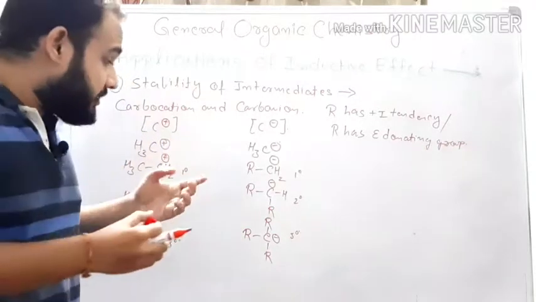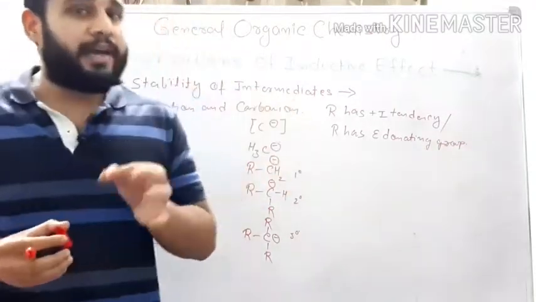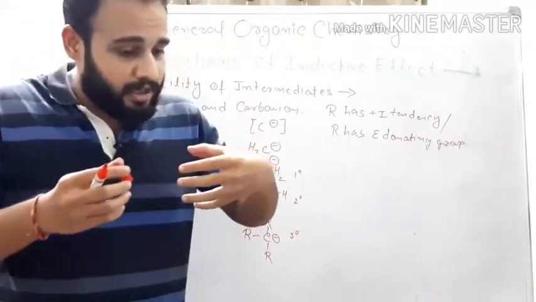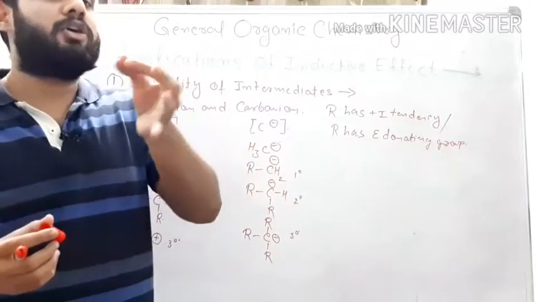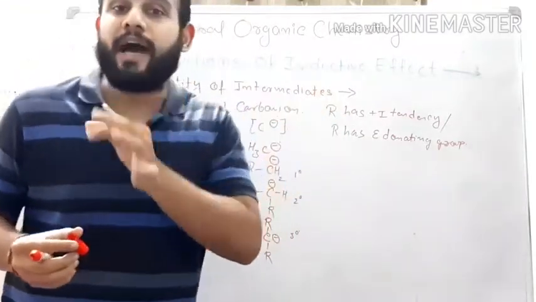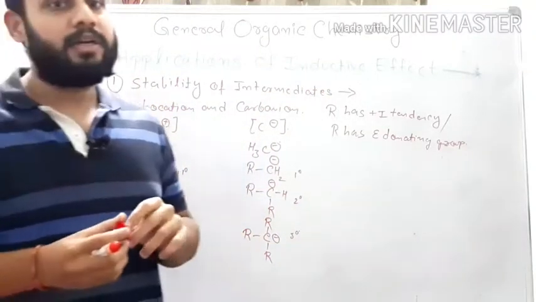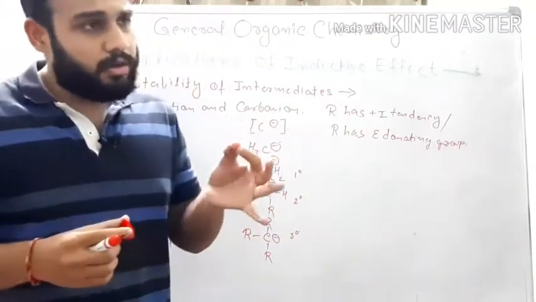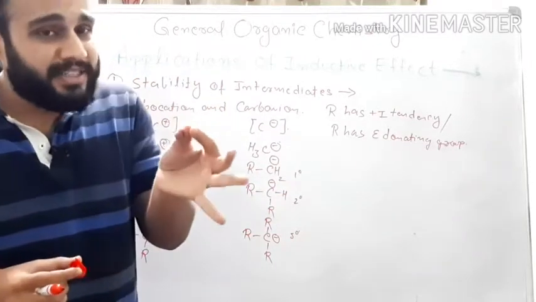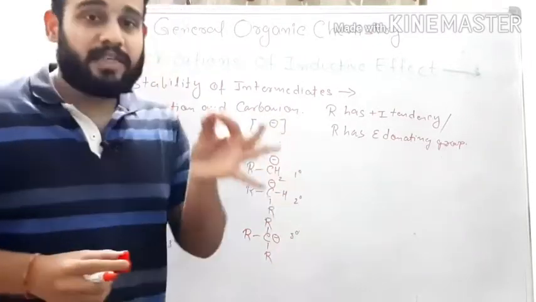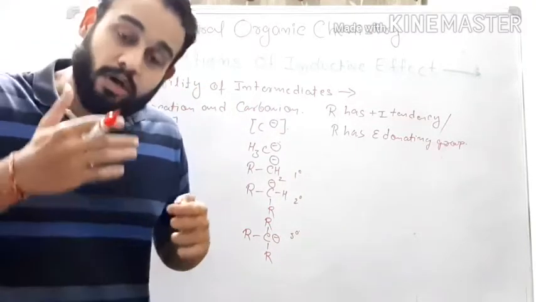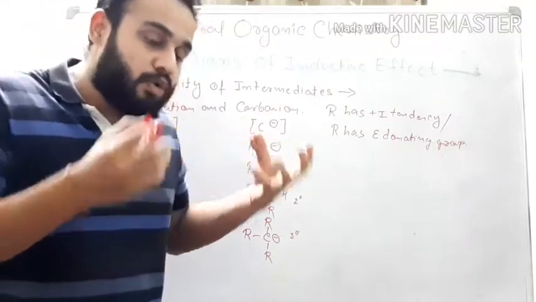Okay, and you know, in carbanion, when a negative charge is present, it means the electron density is already high on your carbon atom. Now when an R group is attached to your carbanion or negatively charged carbon, it also donates electrons to your negatively charged carbon, but in this case it will destabilize your negatively charged carbon, because it already has more electrons.